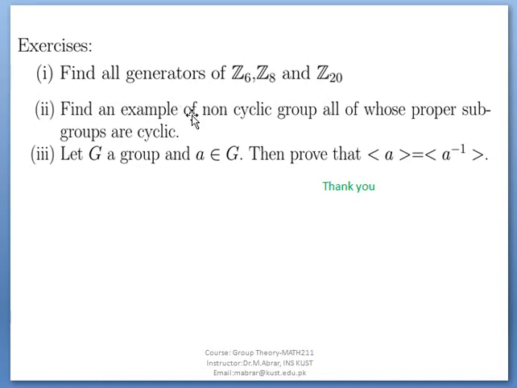So here you have to find an example where all the subgroups are cyclic but the group may not be cyclic. And the third, you have to prove that the cyclic group generated by A and the one generated by its inverse are actually the same. Thank you very much.